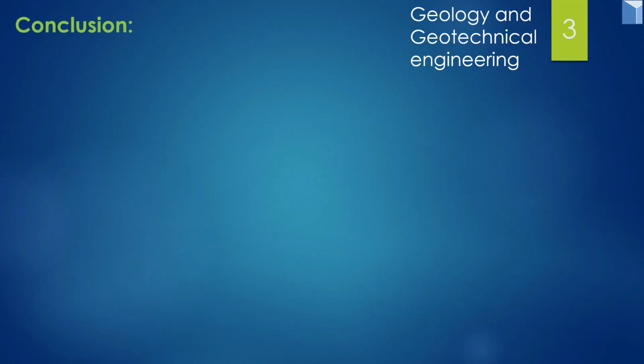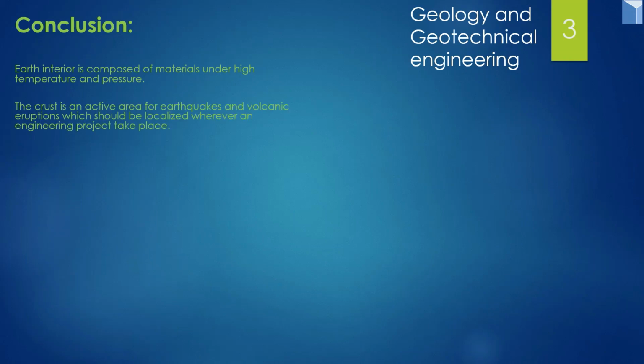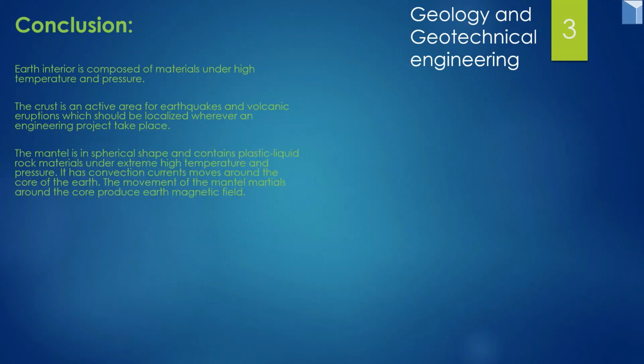And lastly, we come to offer some conclusions to the subjects of today. The Earth interior is composed of materials under high temperatures and pressure. So the crust is an active area for earthquakes and volcanic eruptions, which should be localized wherever an engineering project takes place.